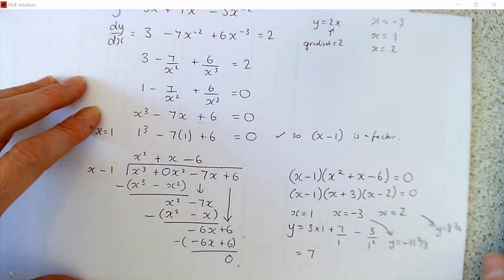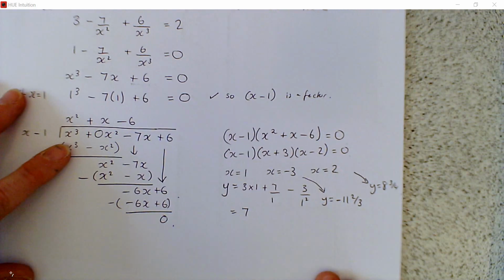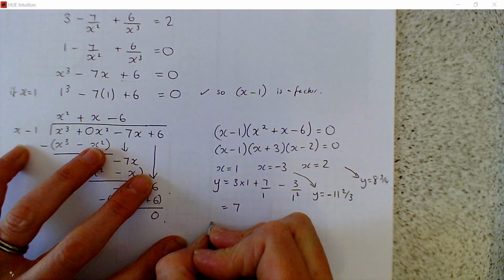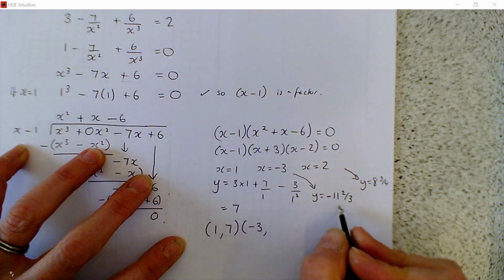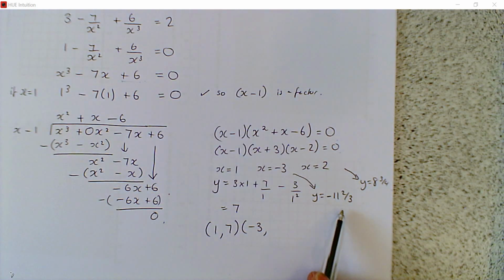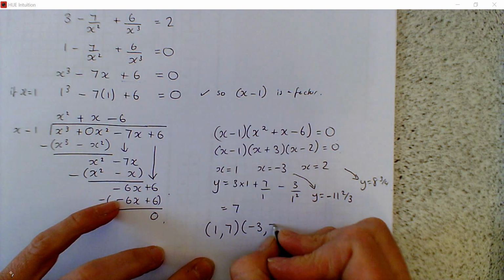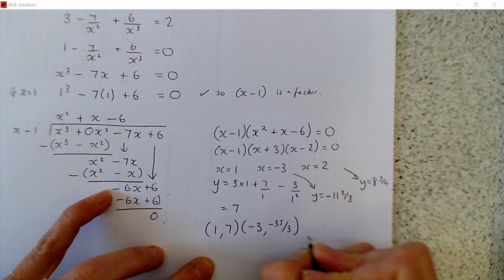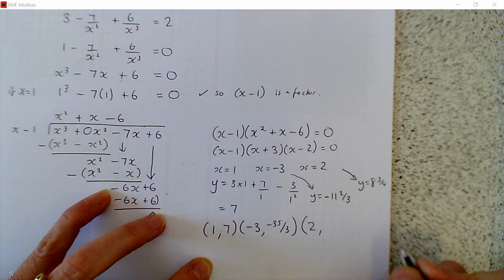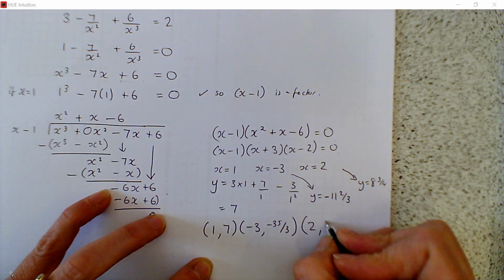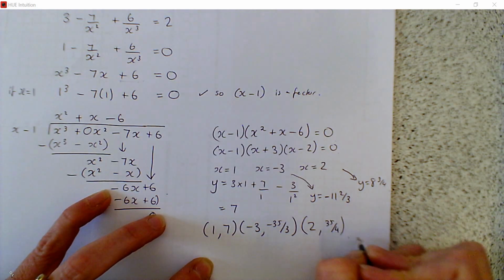Okay, so my coordinates for the final part of my question are 1, 7, minus 3, and then that's going to be minus 33 minus another 2, so minus 35 over 3, and 2, 8 3/4, so 32 plus 3, 35 over 4. Okay.